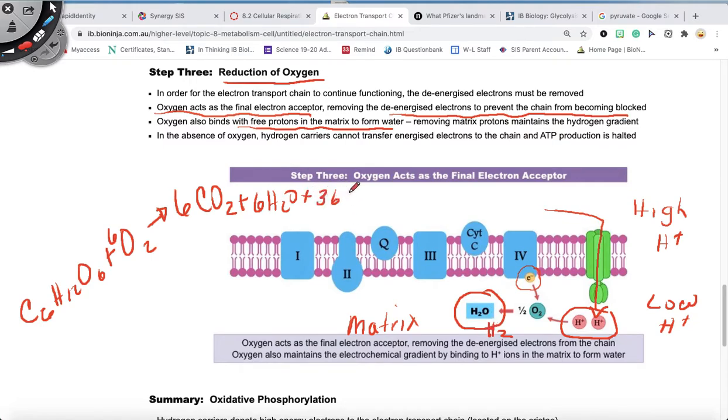Plus 36 molecules of ATP. We see 32 ATP molecules here in the electron transfer chain and the other 4 in glycolysis and the Krebs cycle. So all in all, the cellular respiration equation happens through these processes, the last being the electron transfer chain.